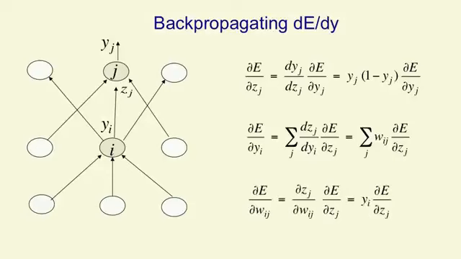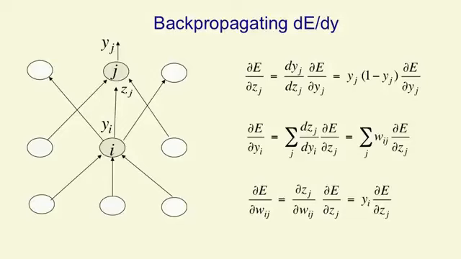Once we've got dE by dzj, which we computed on the first line here, it's very easy to get the error derivatives for all the weights coming into unit j. dE by dwij is simply dE by dzj, which we computed already, times how zj changes as we change the weight on the connection, and that's simply the activity of the unit in the layer below, yi.